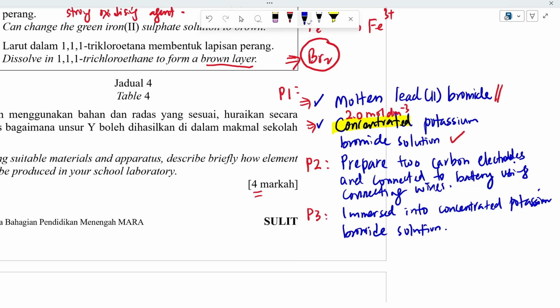Then next, you can write: switch on the battery.